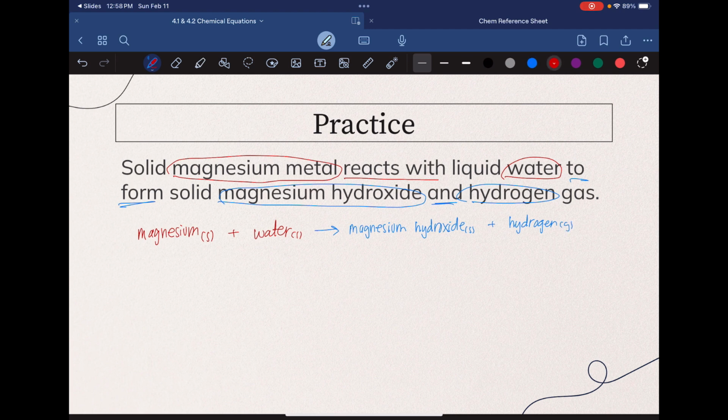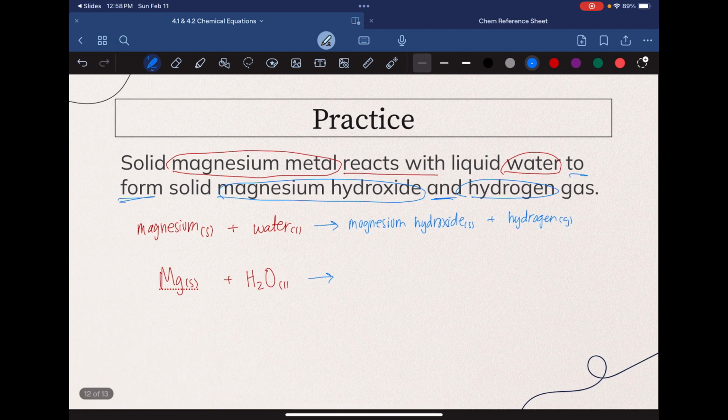Got to turn these all into compounds. Magnesium is just Mg plus our water, which is H2O. Magnesium hydroxide, Mg, has a charge of +2. Hydroxide is OH, it's -1. Let me put my polyatomic in parentheses.